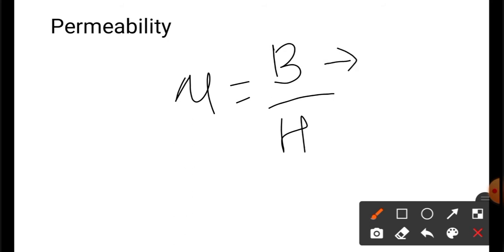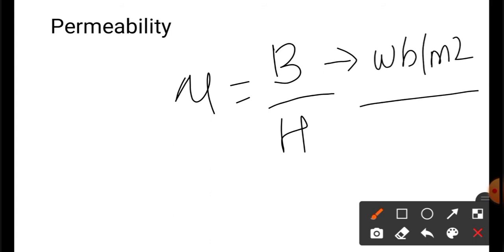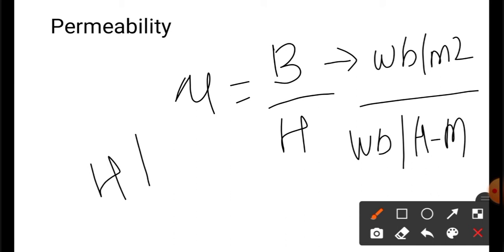Magnetic flux density is measured in Weber per meter square and magnetic force is measured in Henry per meter. SI unit of permeability is Henry per meter.